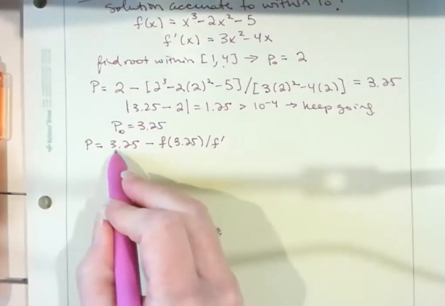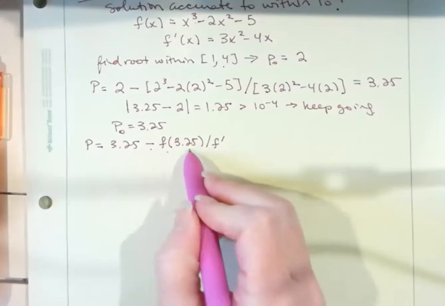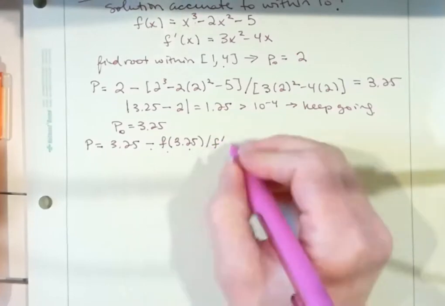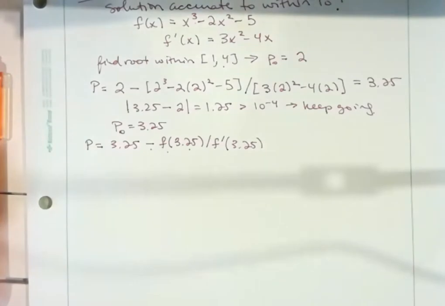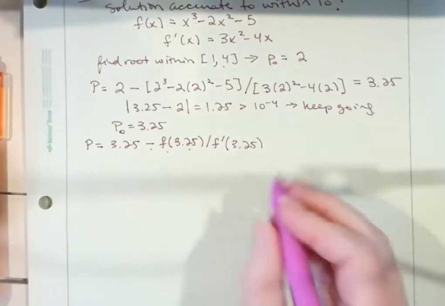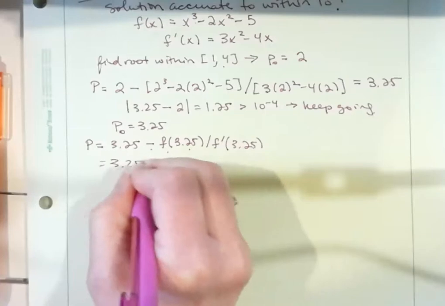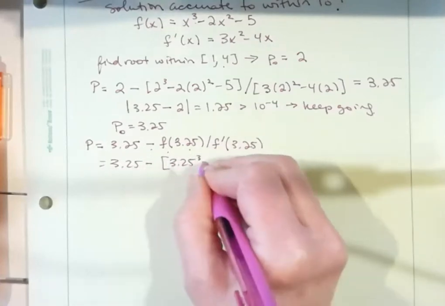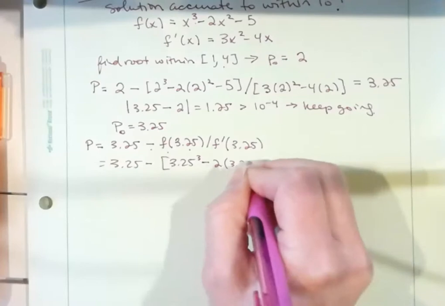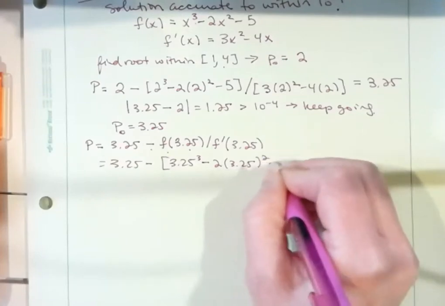So we had 3.25 minus the function when x is 3.25. We're going to divide that by the derivative and plug in x equals 3.25. All right, so we're going to do that process again. So if we do that, we get 3.25 minus 3.25 cubed minus 2 times 3.25 squared minus 5.